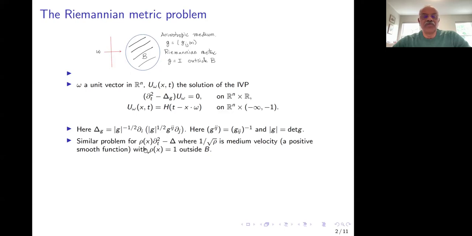And again, we assume that the speed of sound is 1 outside the ball. Whatever we do, we'll do simultaneously for the rho problem and for the Riemannian metric problem. The Riemannian metric problem is a little harder.